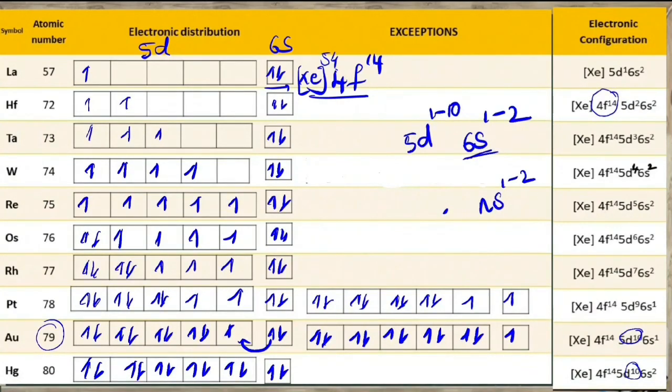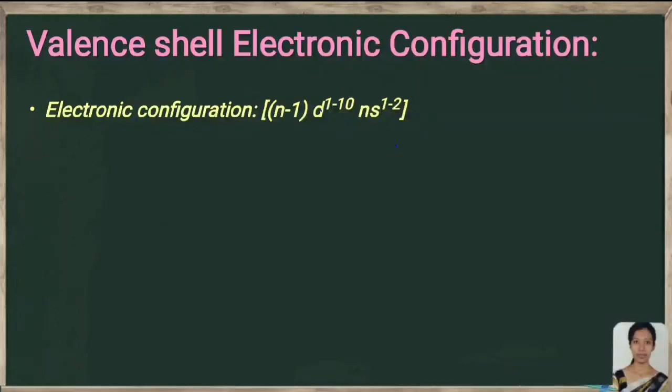The previous orbital can be written as (n minus 1)d1 to 10. So we can generalize the electronic configuration as: the (n minus 1)d orbital can take electrons from 1 to 10 and the outer ns orbital can take electrons from 1 to 2.